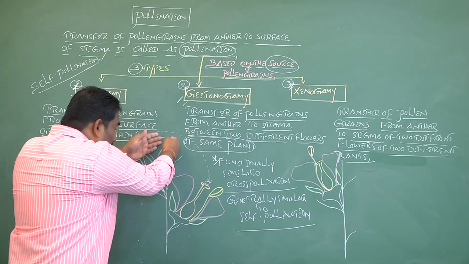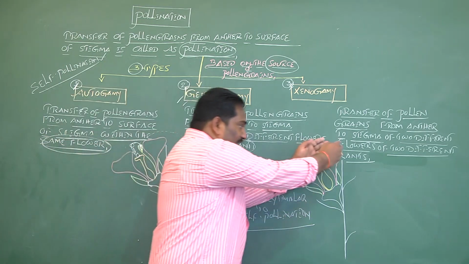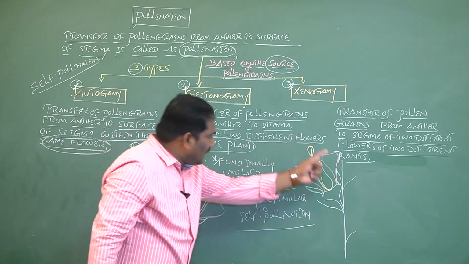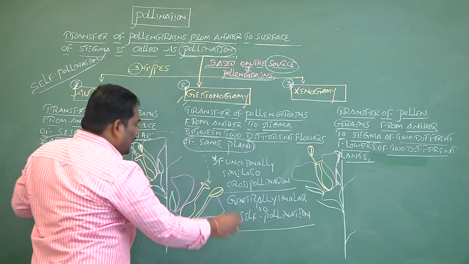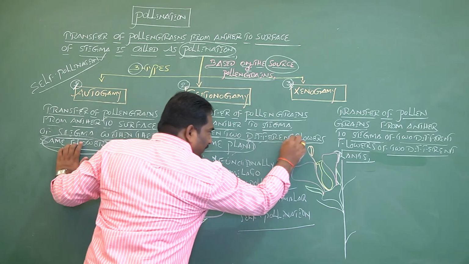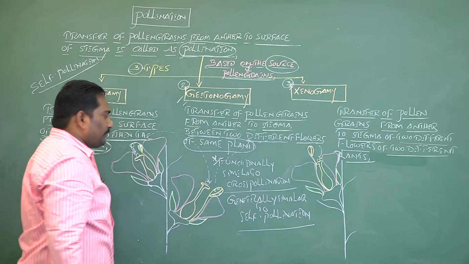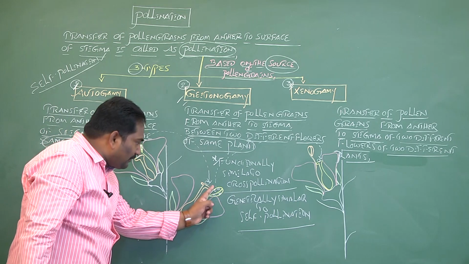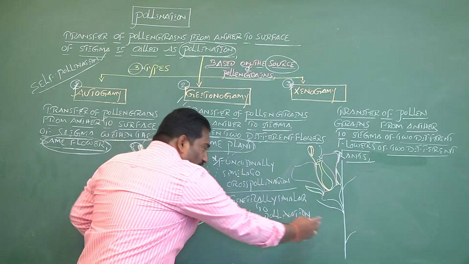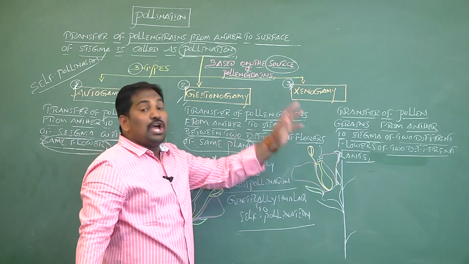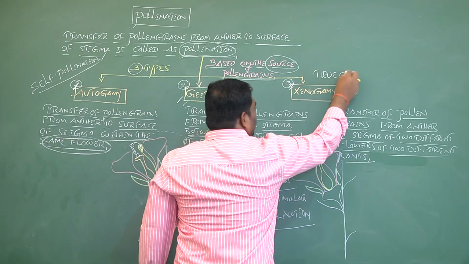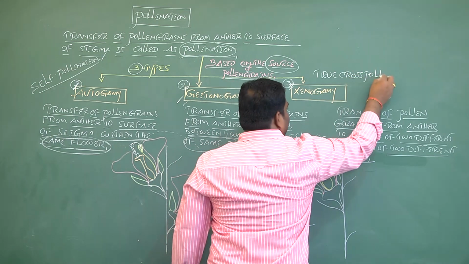For example, this is one genetically different plant, and this is another genetically different plant, each having genetically different flowers. The transfer of pollen grains from anther to stigma between two different flowers of two different plants is called xenogamy. Xenogamy is also called true cross pollination.